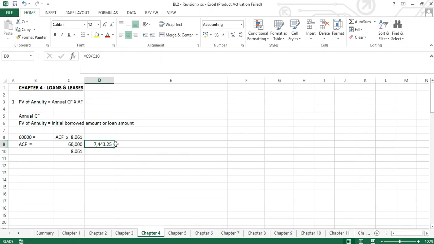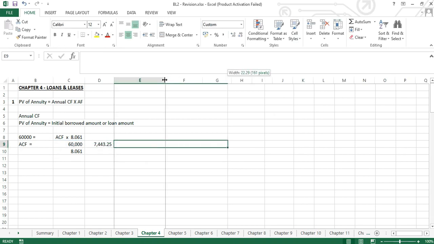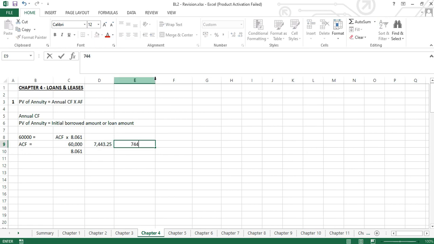So to the nearest 10. Now what is the 10th place digit here if we look at this? So it's 7443.25. So the 10th digit is basically the number 4 over here, which is bolded. Okay, the number 4, which is this.